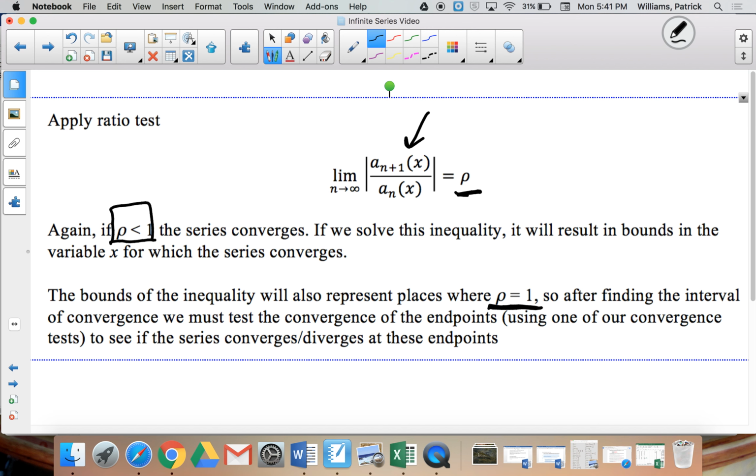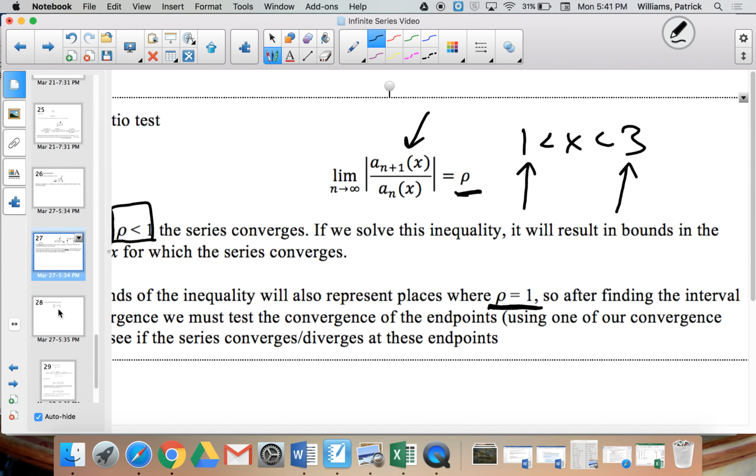So let's say we go through and we solve for this inequality, and we get something like 1 less than x less than 3 or something like that. In that case, we actually have to plug in x equals 1 and x equals 3 into the series, see what type of series we get out of that, and then figure out if they converge or diverge at those particular x values. And that's what we call looking at the endpoints. Okay, so we're going to do all of that in an example right now.